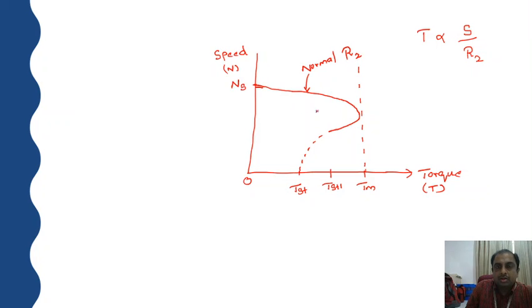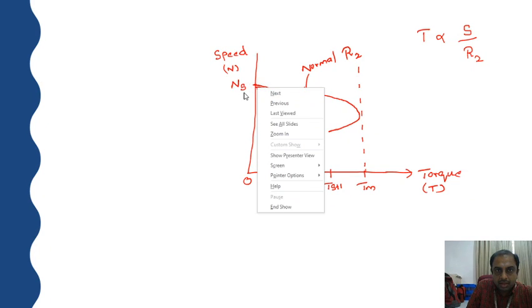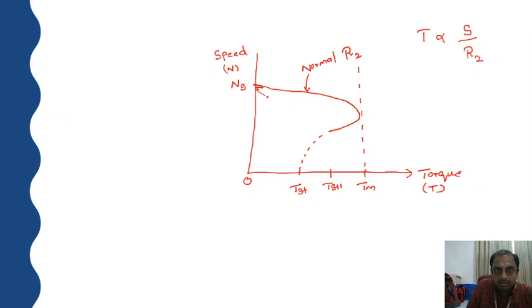If you increase R2, the torque value will decrease slightly. From the same NS, taking the increased resistance again, you get a curve.